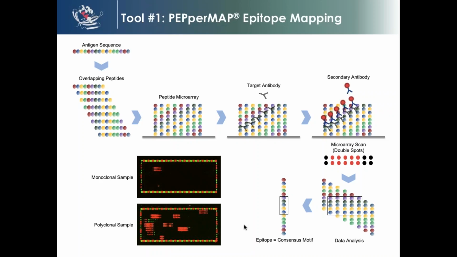Anybody can comment on that? Yeah, so routinely we synthesize 15 mer peptides, but we already showed successful synthesis of 25 mer peptides. This is the maximum that we successfully synthesized.